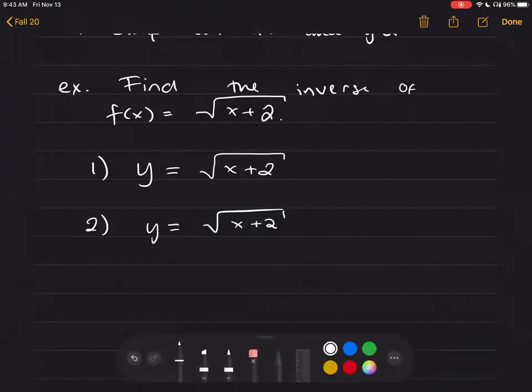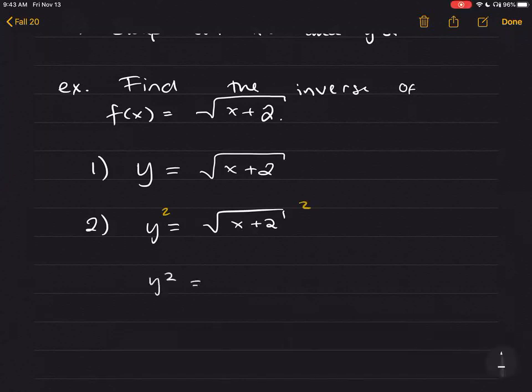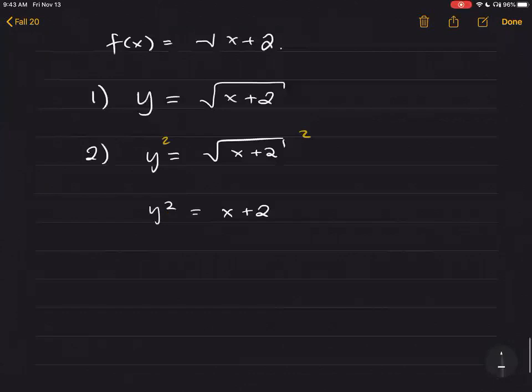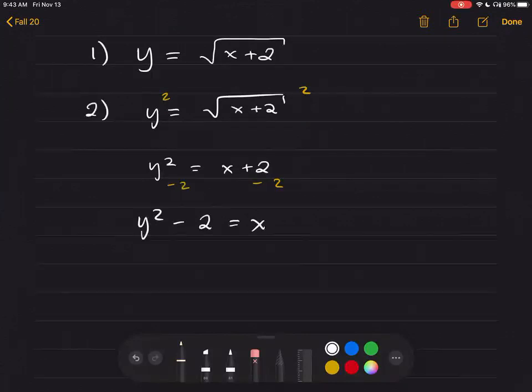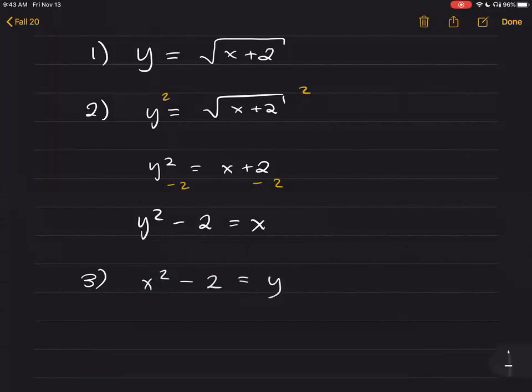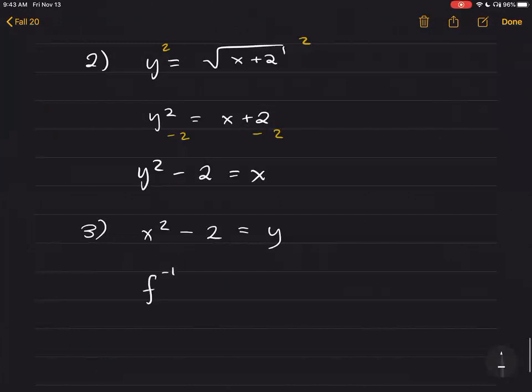First I'm going to square both sides, and so we get y squared equals x plus 2. Then I'm going to subtract 2 from both sides, and so we get y squared minus 2 equals x. Now I've solved for x, and the third step says to swap x and y. So we get x squared minus 2 equals y. And so the final answer is f inverse of x equals x squared minus 2.